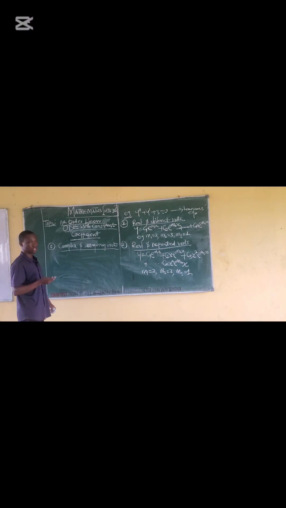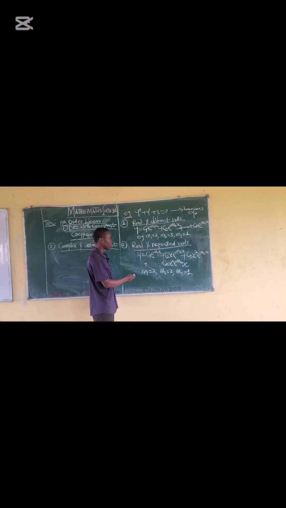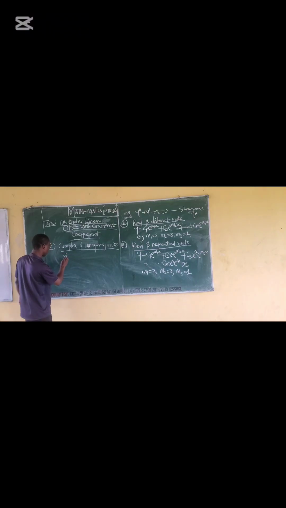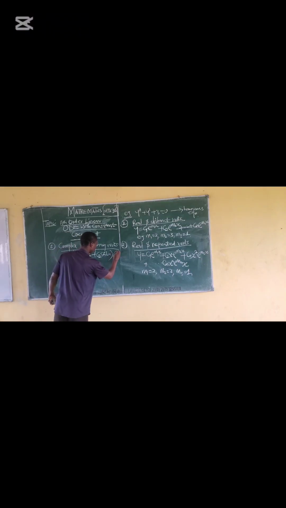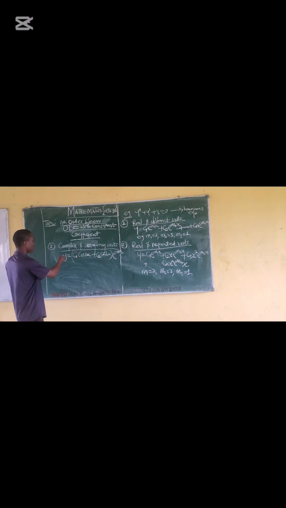So if I have a complex root, what kind of expression am I supposed to follow? I will have y equal to c1 cos bx plus c2 sine bx, and I'm going to have exponential mx. So this is the rule here. If I have a complex and imaginary root, this is the condition I'm going to follow.